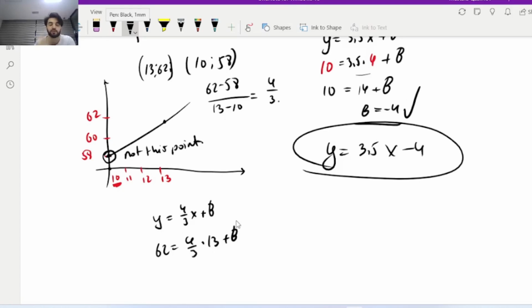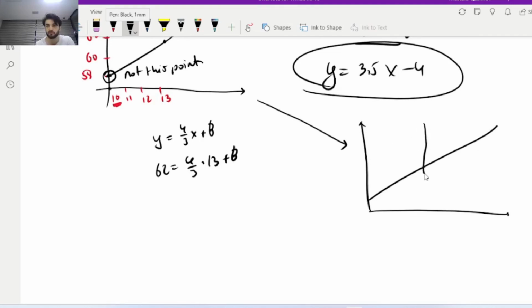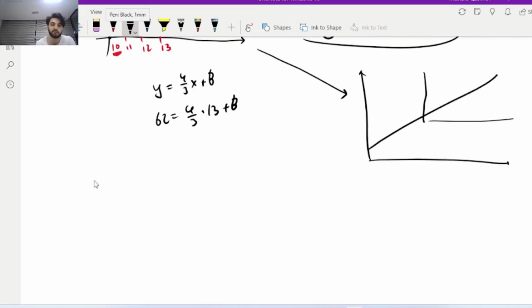Then we have to calculate it, then we can find b. This graph is, let's say, a piece from this one. They put only this part of this graph. So we can say that y-intercept is the value of y when x is equal to 0.